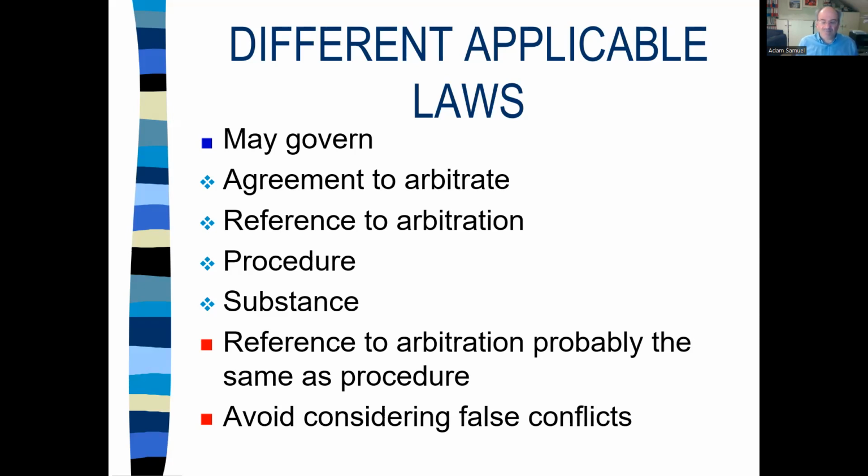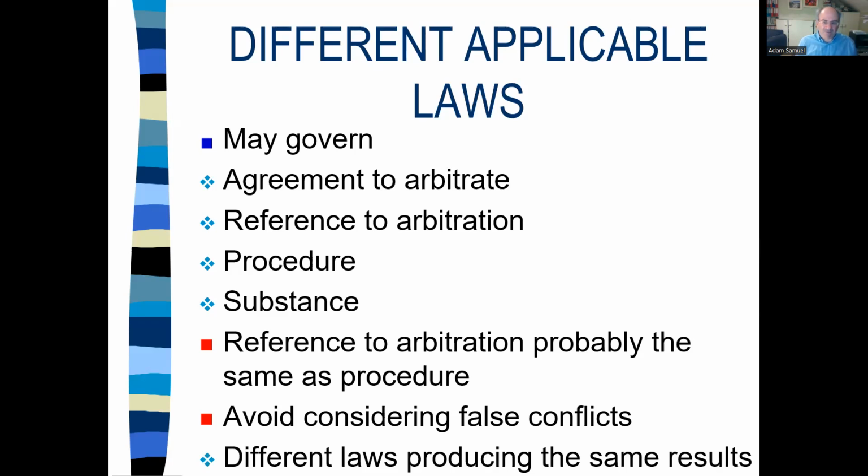If you've got two parties contending for different legal systems that produce the same result, as a tribunal, it's usually best if you can to say, look, it just produces the same result, so I'm not going to decide the point. That's not possible if it comes up as a preliminary matter at a time when you don't know what rules will be applicable to the actual dispute because you haven't heard the evidence properly. So you may end up with a false conflict whether you like it or not. But that's what they are, and try not to make decisions on applicable law points that don't actually come up for decision.